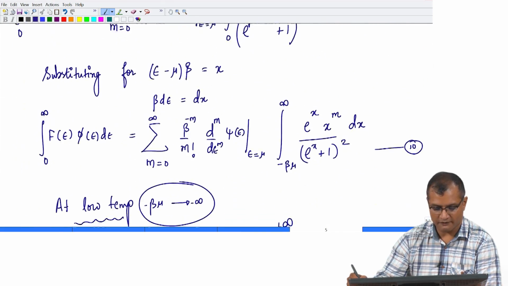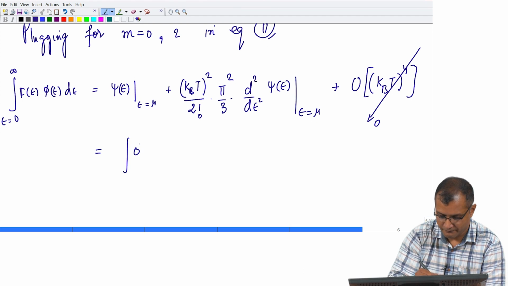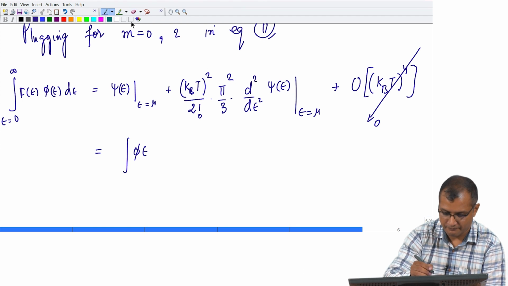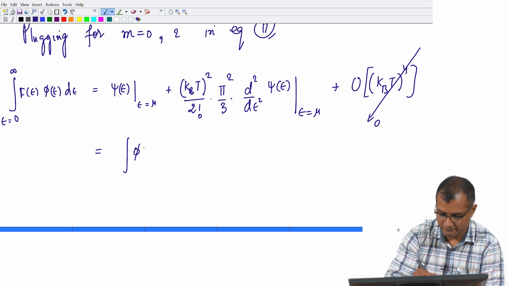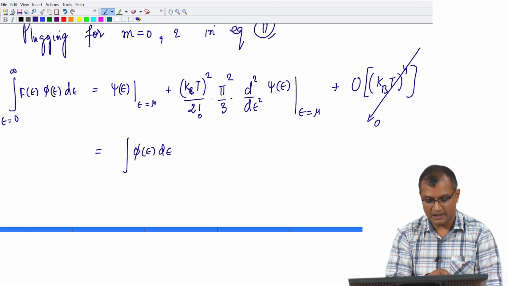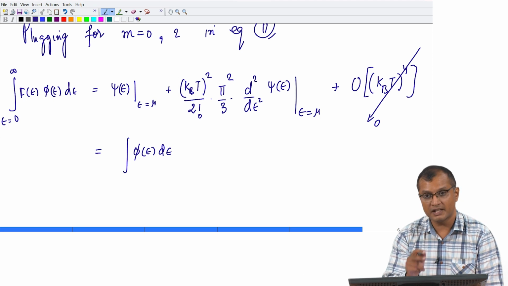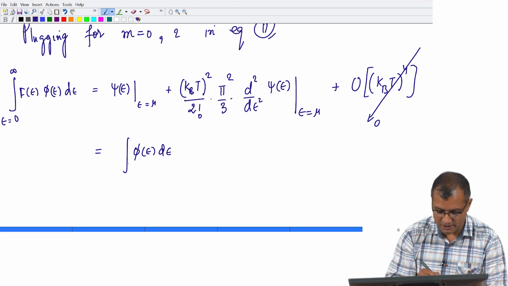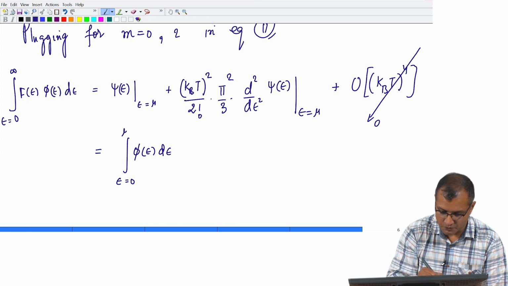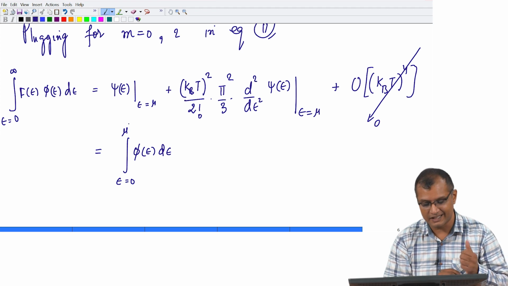It is an integral over phi, okay, but this is integral, and then it is for our function psi computed at epsilon equals mu. So, what I am going to write down is that this is an integral going from E 0 to mu, okay. That is the value of function psi at mu.